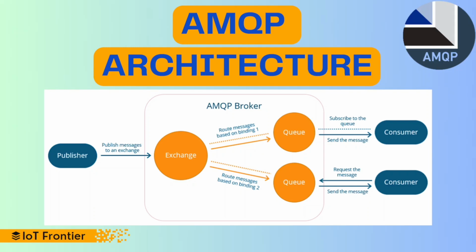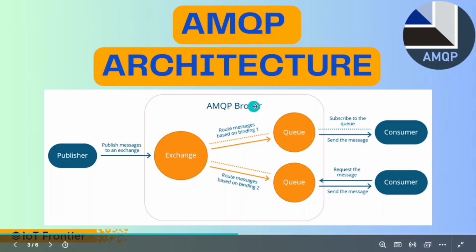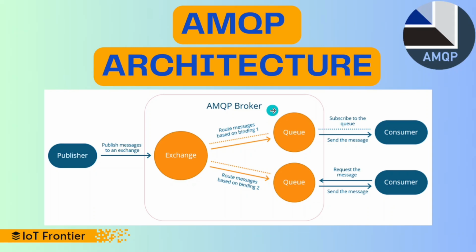If you see the architecture here, you can see the publisher is available here and it is going to publish to the broker, that is the AMQP broker. We can call this RabbitMQ, and such brokers will have an exchange. This exchange is responsible for routing the messages based on the binding.